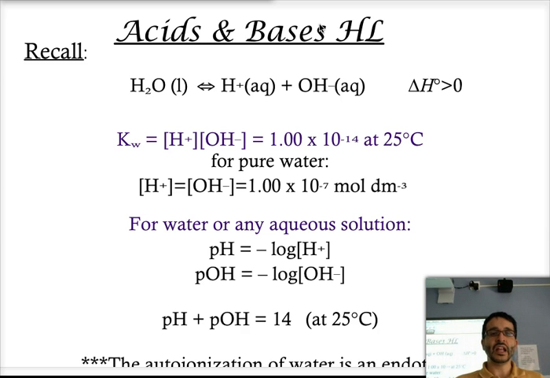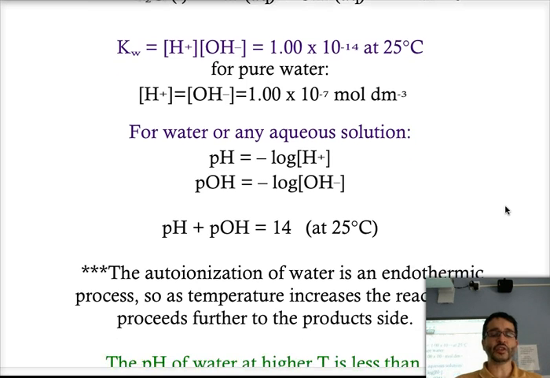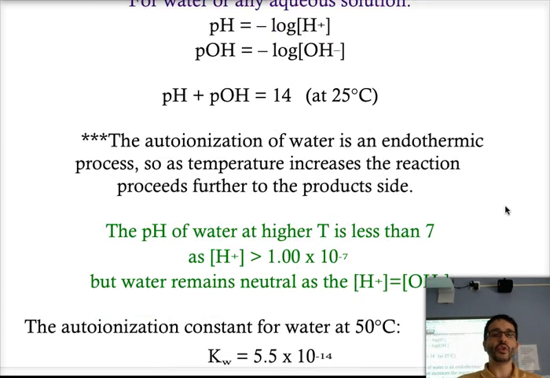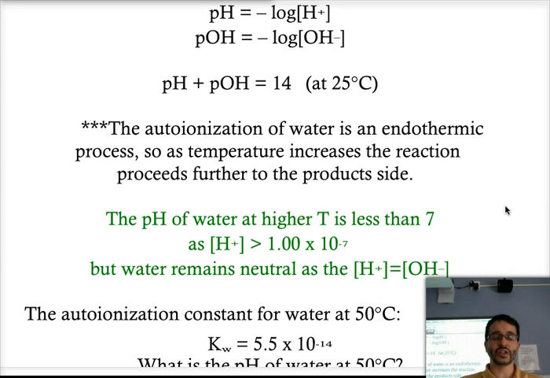All right. Now, since the autoionization of water is an endothermic process, as we increase the temperature, we are going to increase the yield of products, and we're going to make Kw a larger number, because the amount of products H plus and OH minus increases.